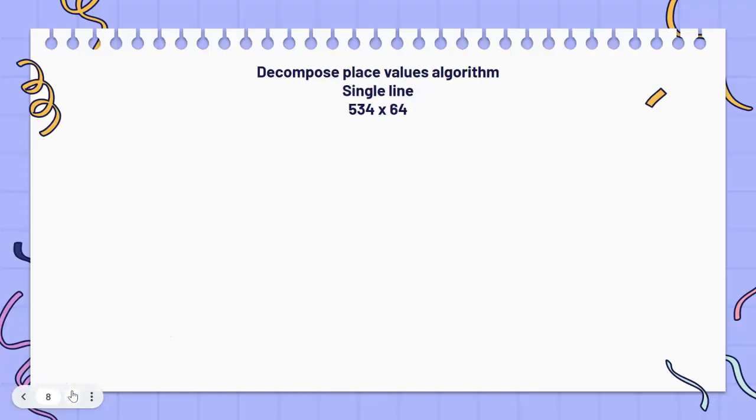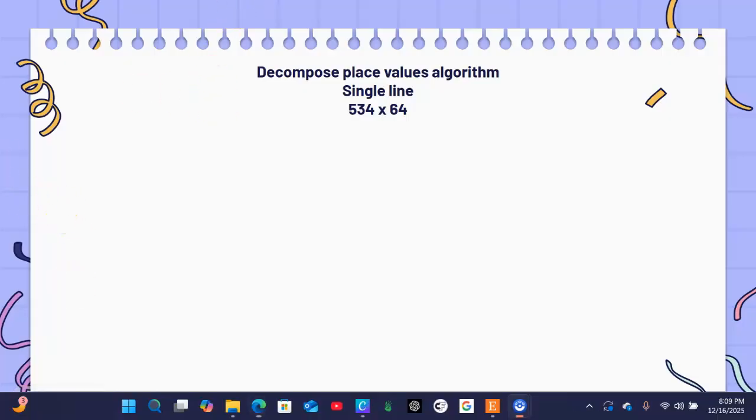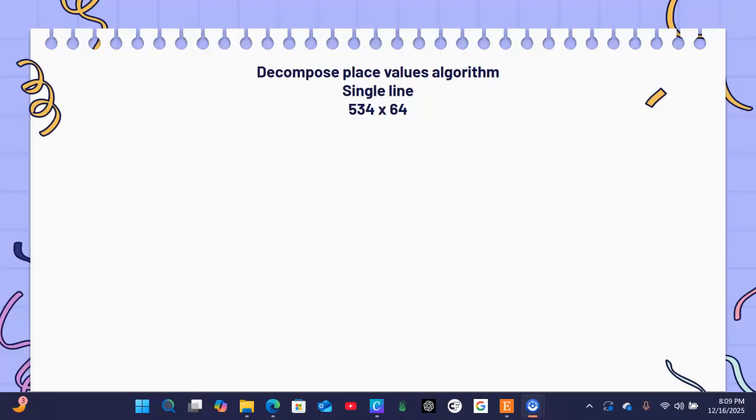All right. Now this is single line decomposing. I do have some students who like this one as well. You did see me do this in the previous video where we were multiplying. All you're doing is identifying each place value. Okay. So let's begin. We're going to start with our ones place.